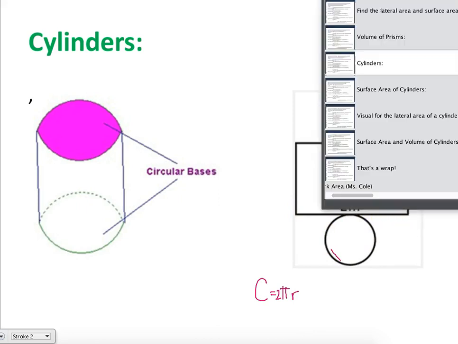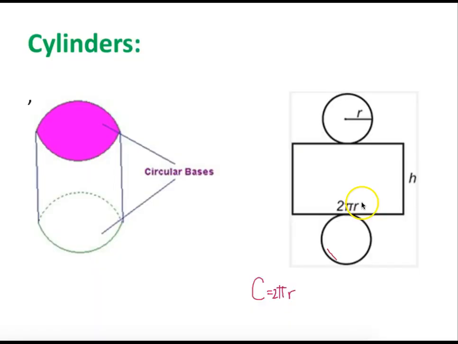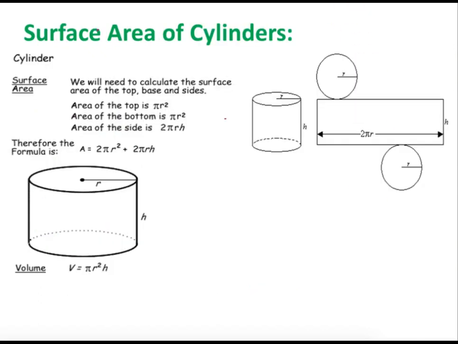So the reason that I am pointing this out to you is that finding the surface area for cylinders is going to look a little bit different because we've got 2 circles for our bases instead of, let's say, triangles or rectangles. So remember to find the surface area, let's go to the next slide.